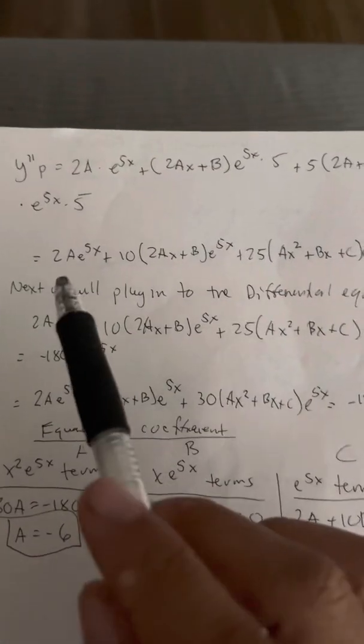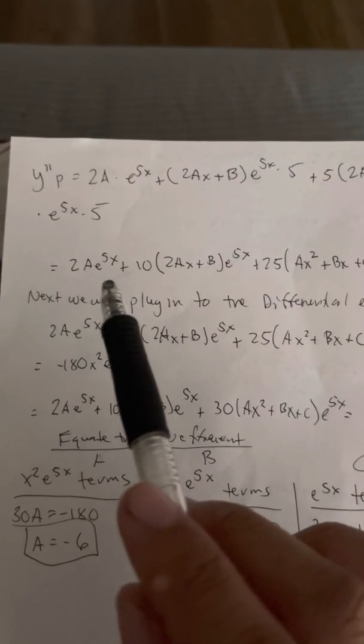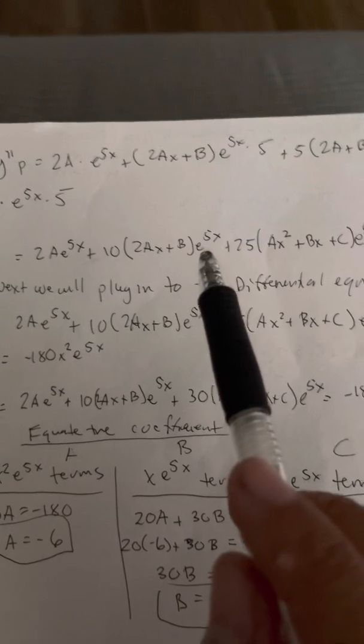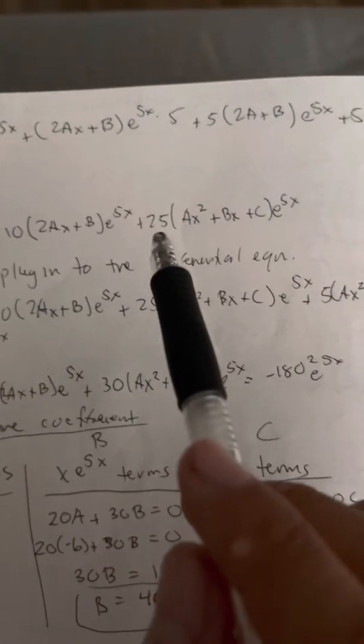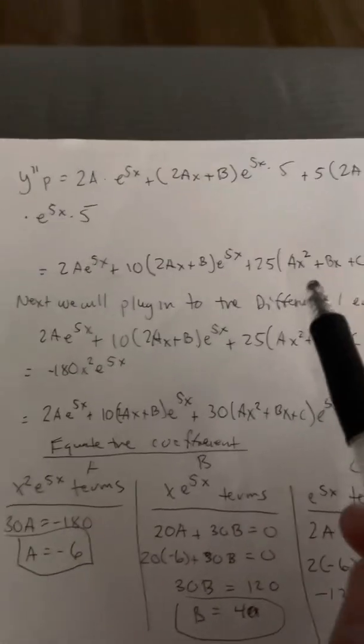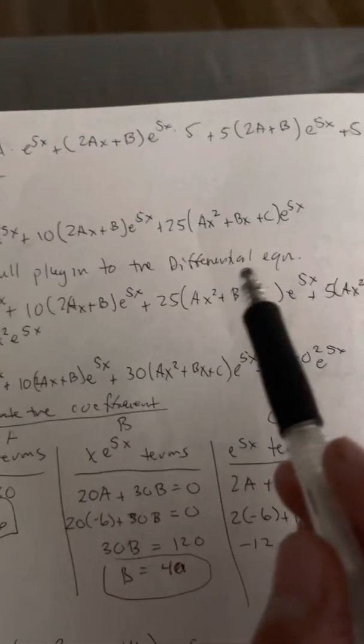If we clean it, we would get 2a e to the 5x plus 10 times 2ax plus b times e to the 5x plus 25 times ax squared plus bx plus c times e to the 5x. Now we want to plug this back into our differential equation.